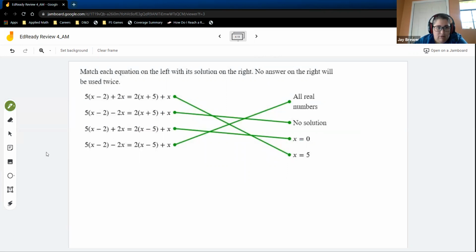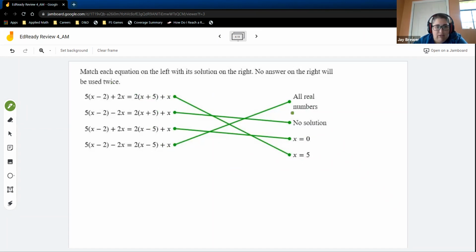Okay. This one, I just wanted to talk about. At least one person missed this. So what you would have to do here is you would have to figure out your solutions, right? You can do this a couple of different ways. This is obviously the correct answer. You would have had this column and this column with nothing in between.